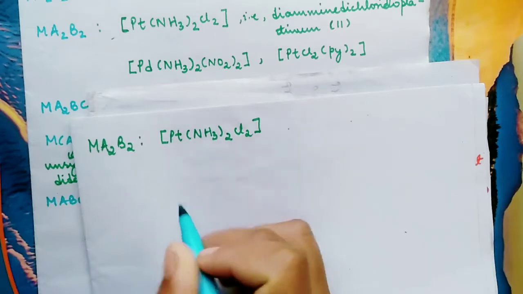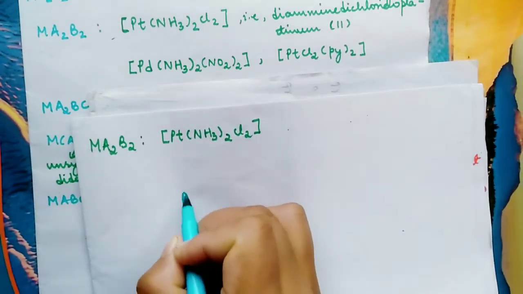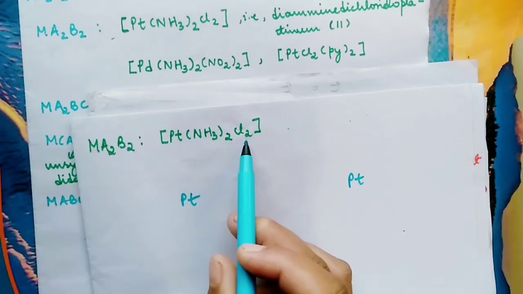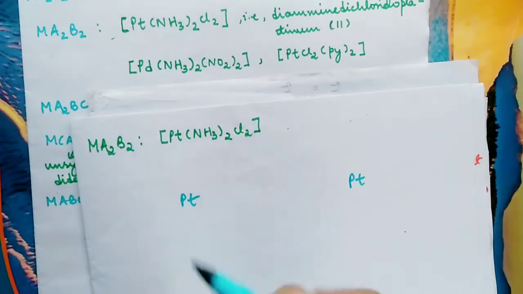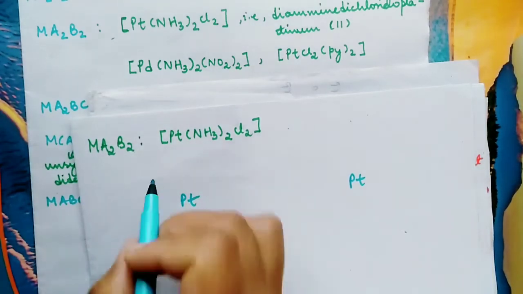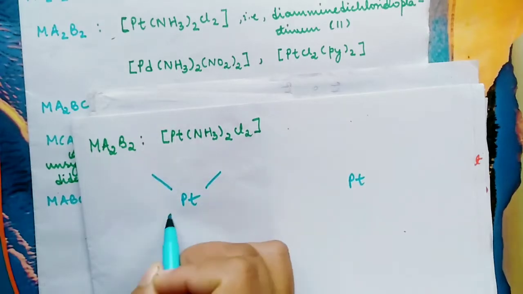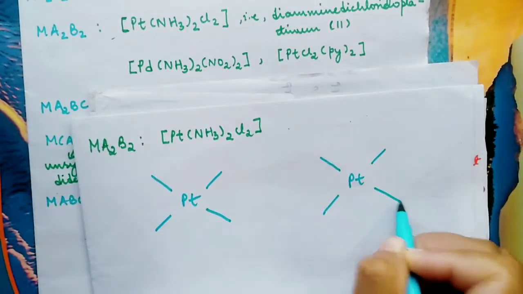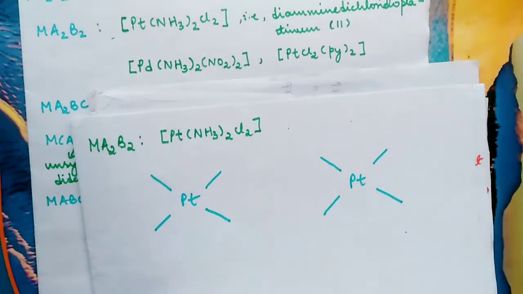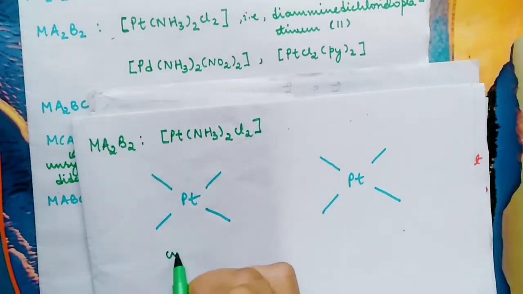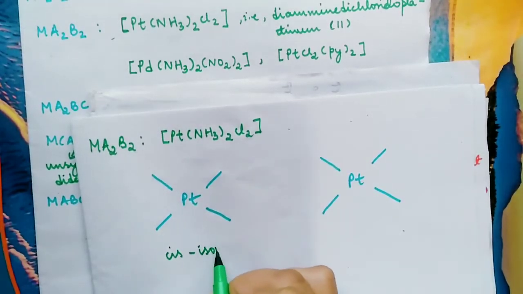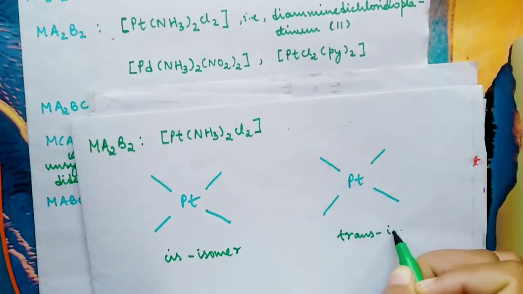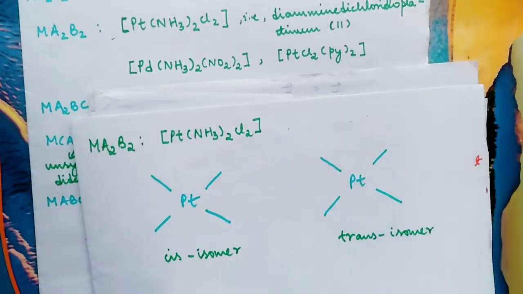So we have the cis-trans isomers, the geometrical isomers, platinum, platinum. The coordination number is 4. That means there are 4 coordinate bonds. So now for the cis isomer and the trans isomer, these two are the geometrical isomers.